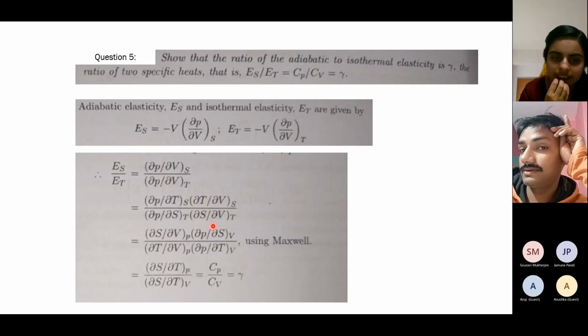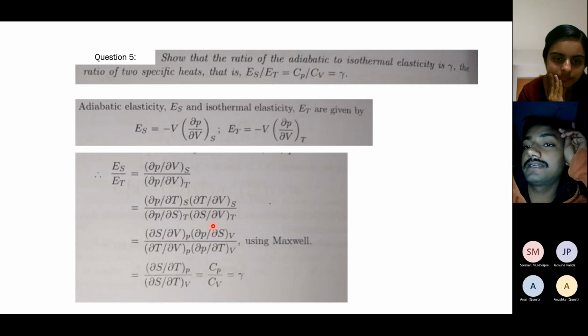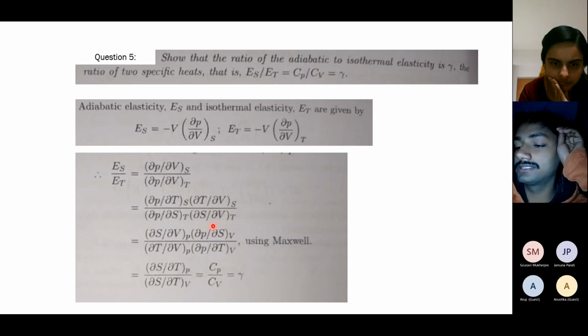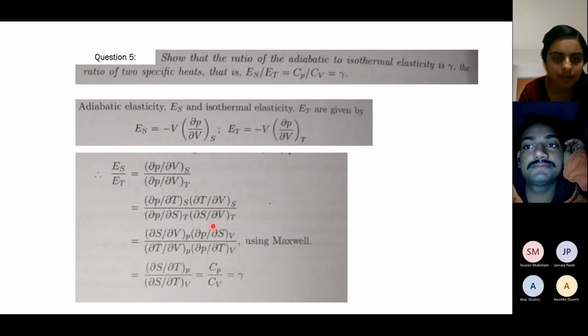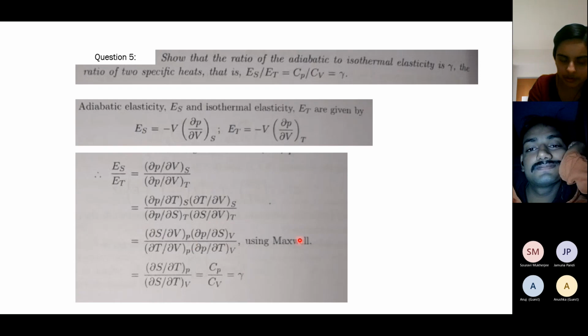It's quite simpler than that. I have seen one equation some time before. It is del x upon del y into del y upon del z and del z upon del x equal to minus one. The cyclic relation. Okay. But in that cyclic relation, there are three terms, right?